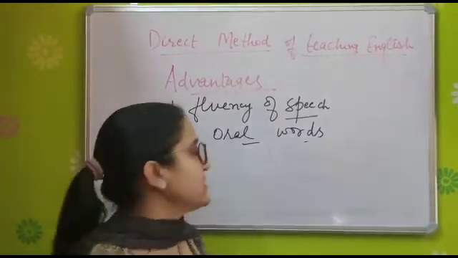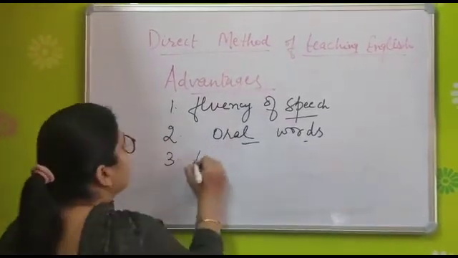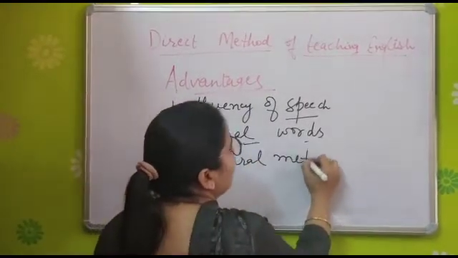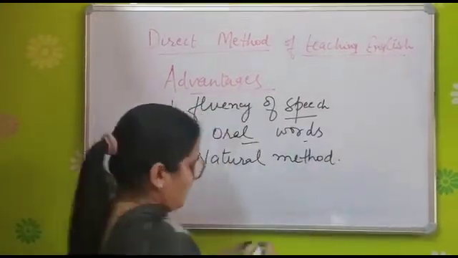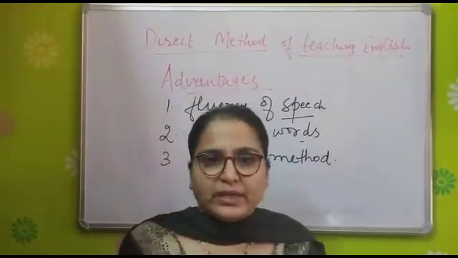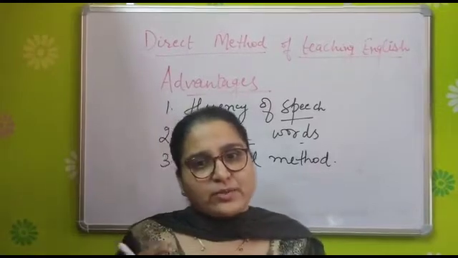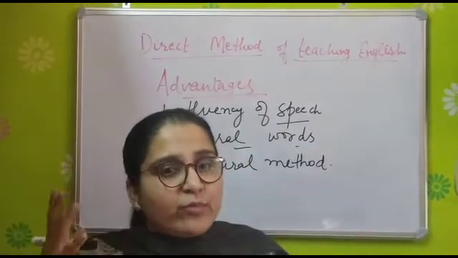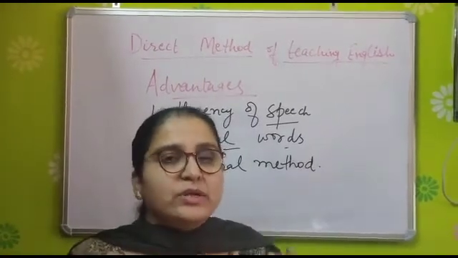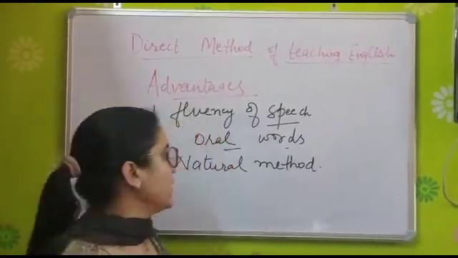Third advantage is it is a natural method of learning any language because there is direct bond between the words and meaning. It teaches English language in the same way in which a child learns its mother tongue through listening and speaking.